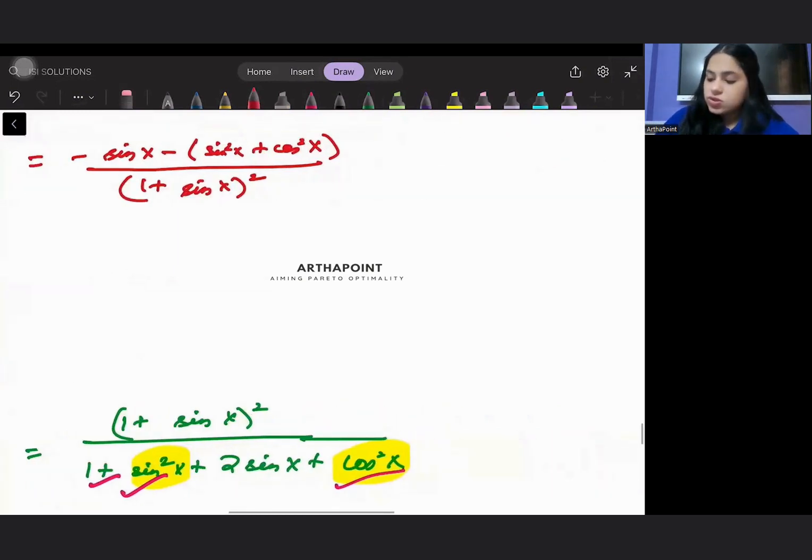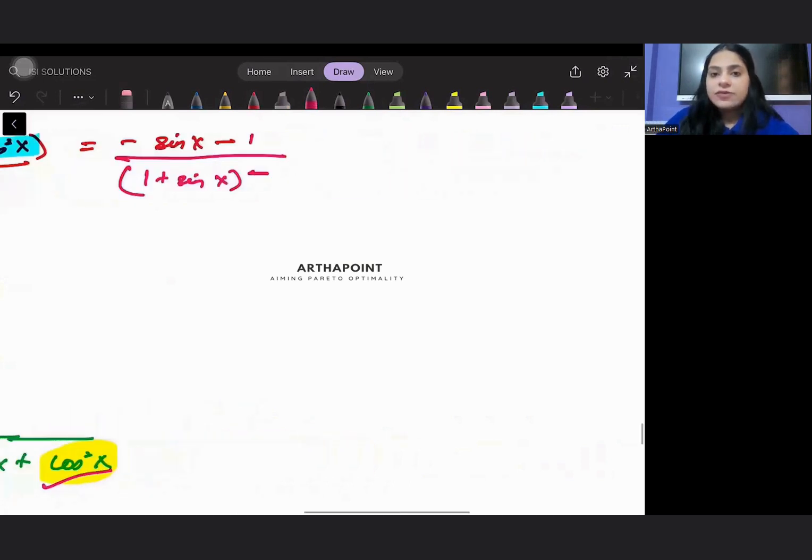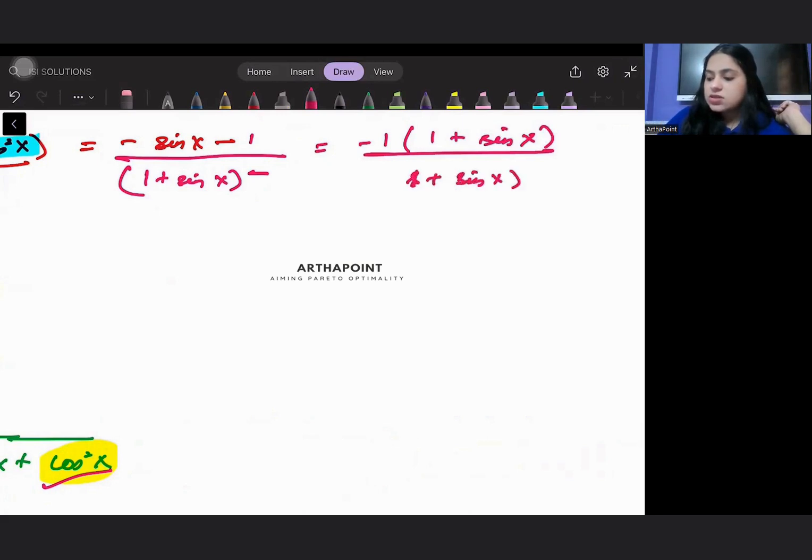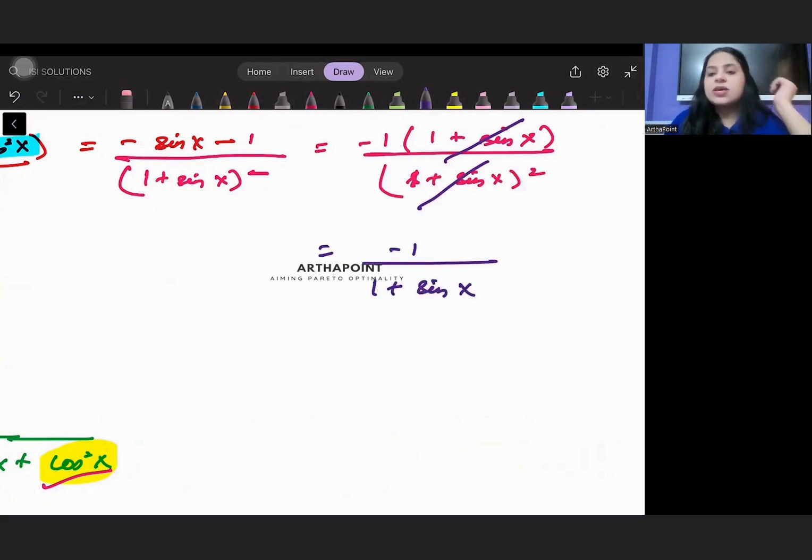So this is going to be minus sin x minus, and sin square x plus cos square x will be 1, upon (1 plus sin x) whole square. And if I just take minus 1 out, this will be (1 plus sin x) upon (1 plus sin x) whole square. And then this will cancel out and it will be minus 1 upon (1 plus sin x).